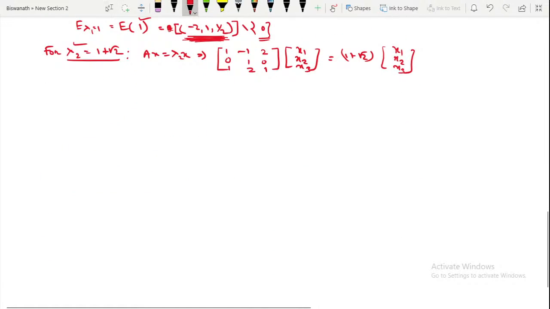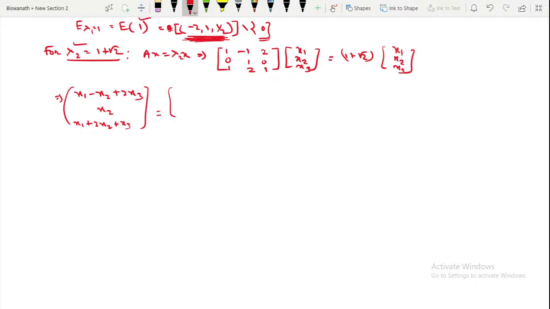So now what will be your Ax? This is your x1 minus x2 plus 2x3, and then the second row is your x2, and this one is your x1 plus 2x2 plus x3. So this is equal to 1 plus root 2 times x1, 1 plus root 2 times x2, and 1 plus root 2 times x3.